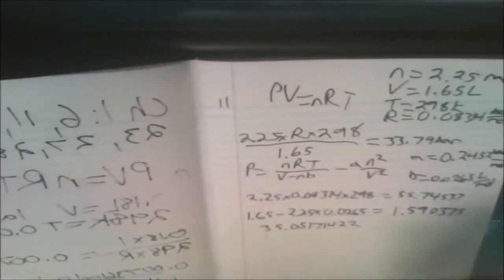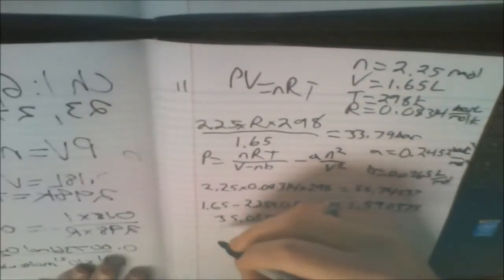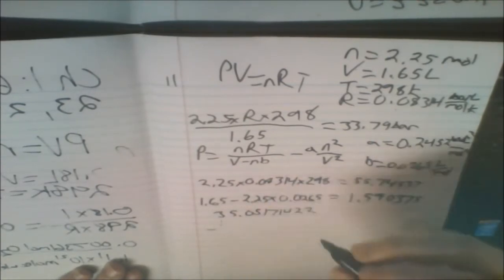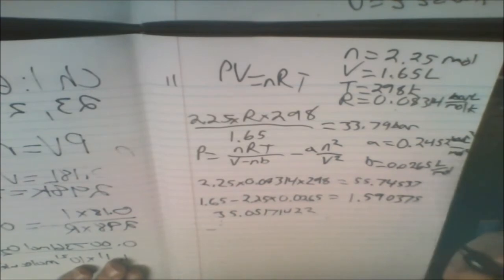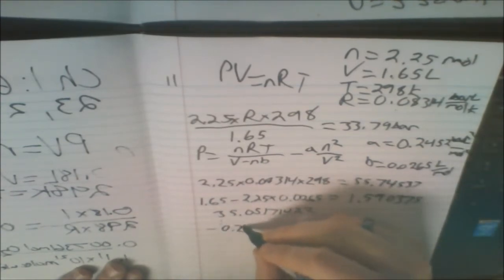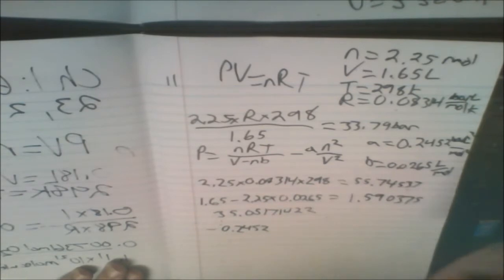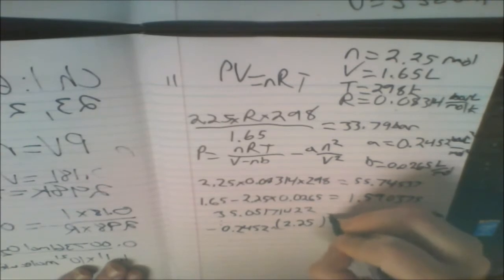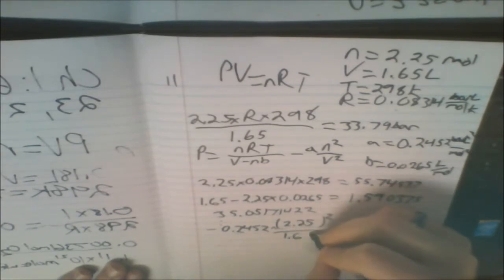That gets us the main part, but now we have to consider the attractive or repulsive component, which is the minus a n squared over V squared. So setting that up, the minus a, let's see, a is 0.2452 times n squared, which is 2.25, over V squared, which is 1.65.